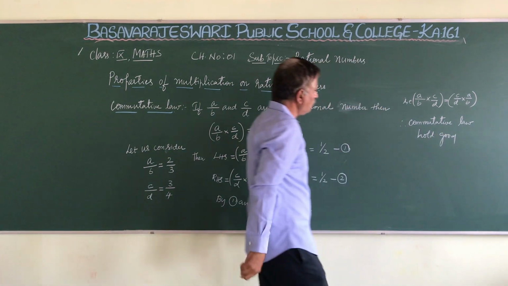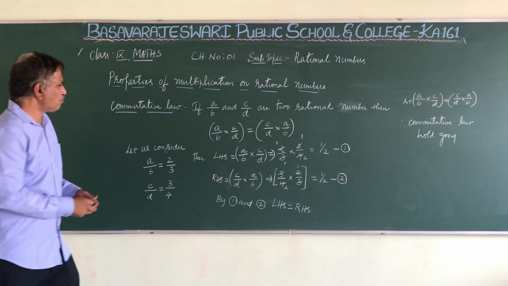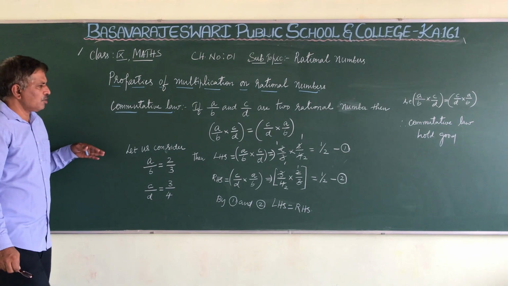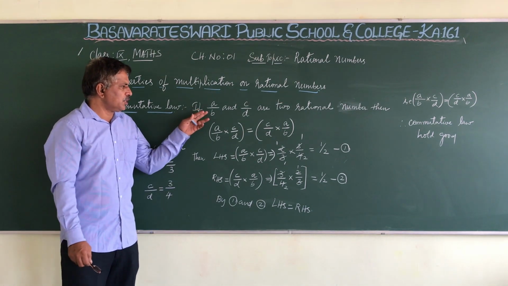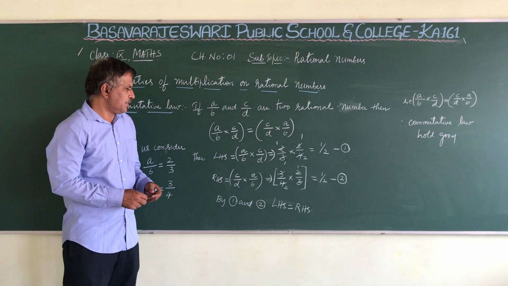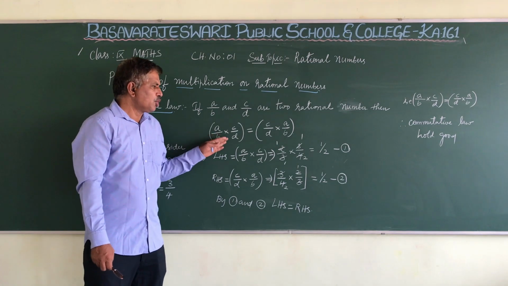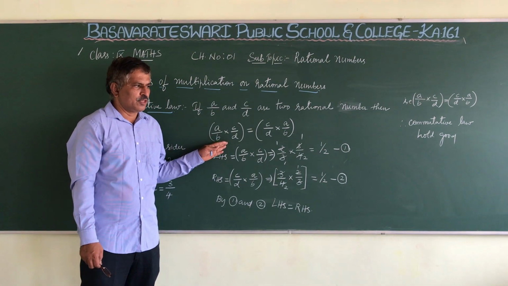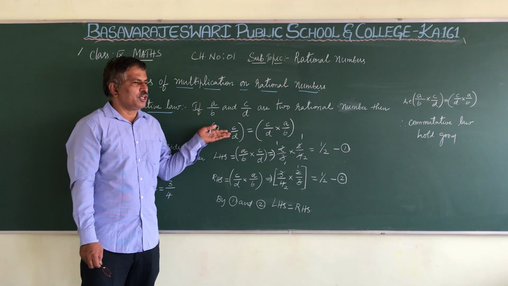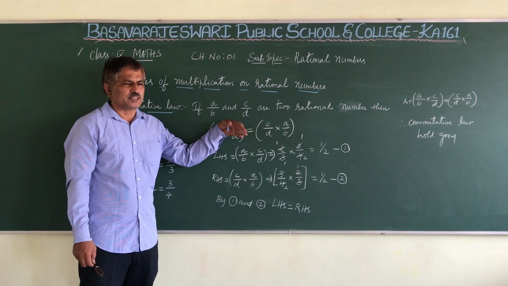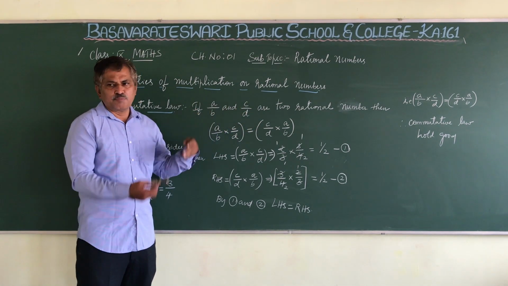Let me explain. In order to prove the commutative law, we have to take two rational numbers, one is a/b, the other one is c/d. What does the commutative law tell? The product of two rational numbers should be equal to the product of the same rational numbers in the interchanged manner.